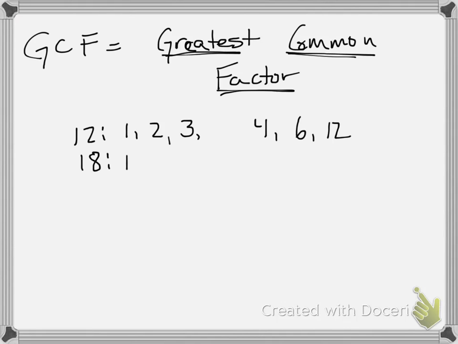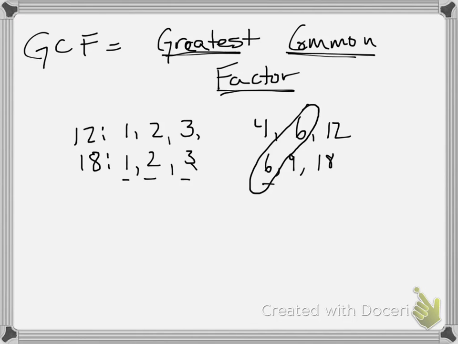And with 18, I could multiply 1 times 18, I could multiply 2 times 9, and I could multiply 3 times 6, and nothing else. So they have 1 in common, they have 2 in common, they have 3 in common, and they have 6 in common. But only one of those is the greatest. So the greatest common factor between 12 and 18 is 6.